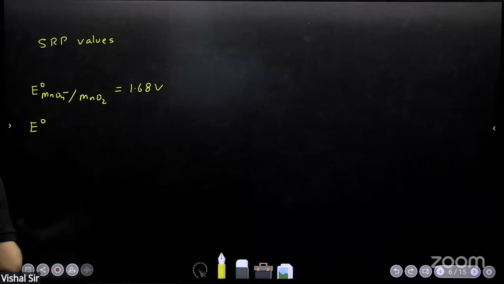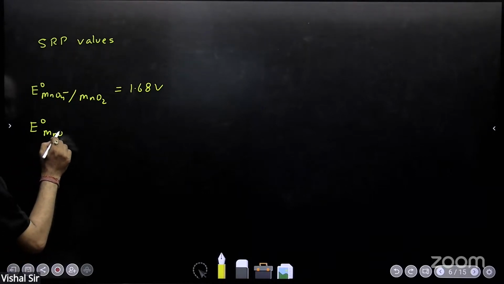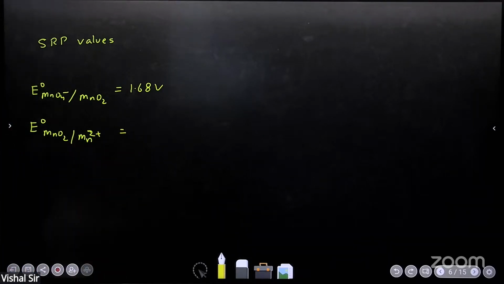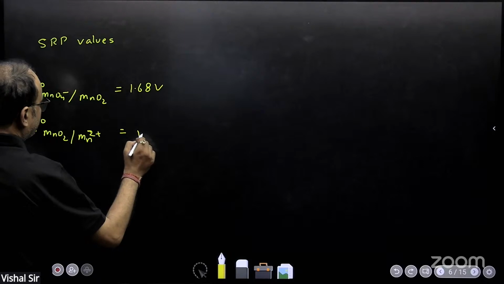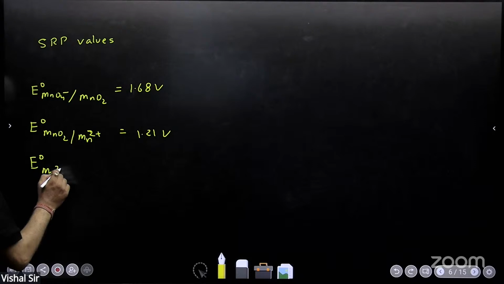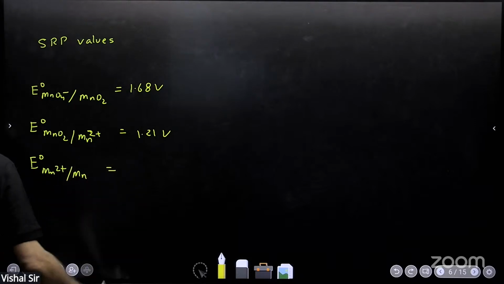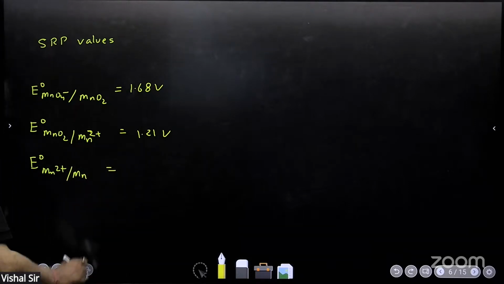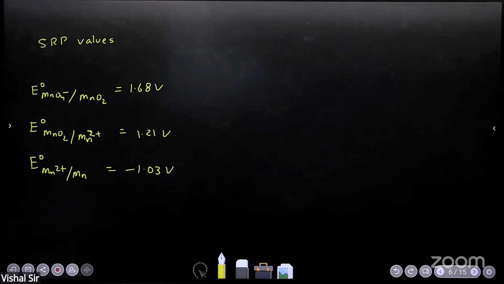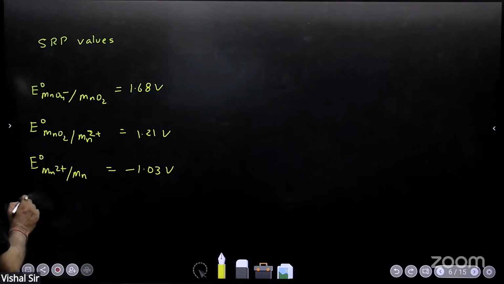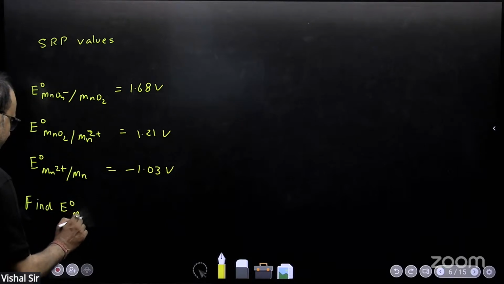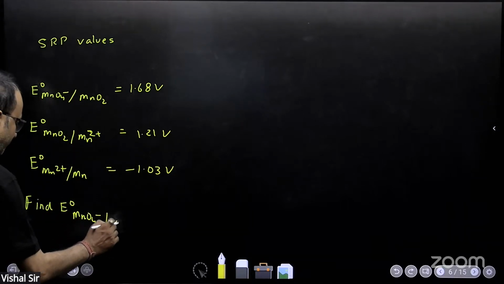Then MnO2 to Mn2 plus, this value is given 1.21 volts. And Mn2 plus to Mn, this reduction value is given minus 1.03 volt. You are asked to find E naught of MnO4 minus to Mn.